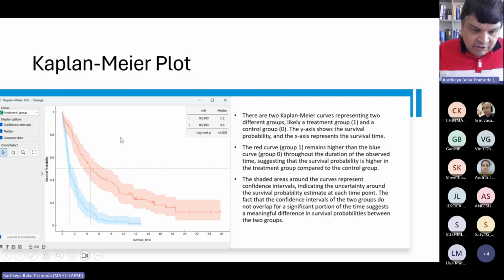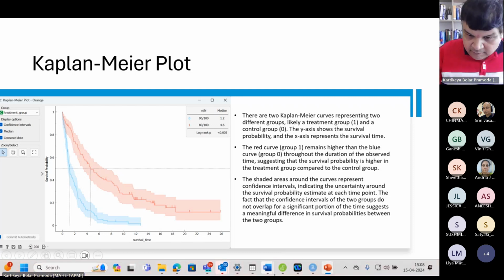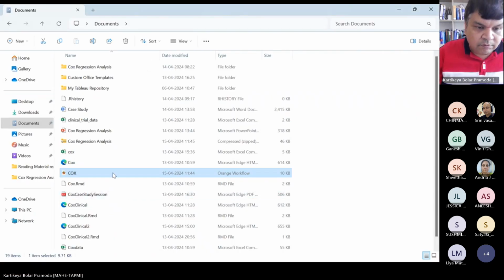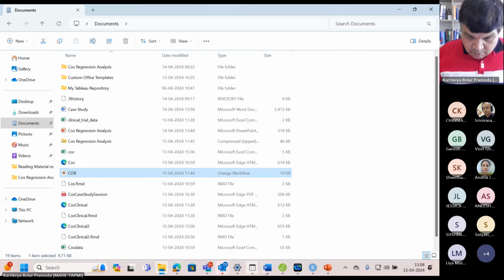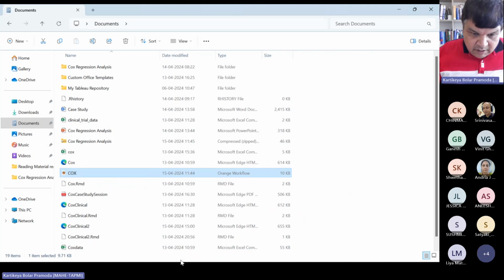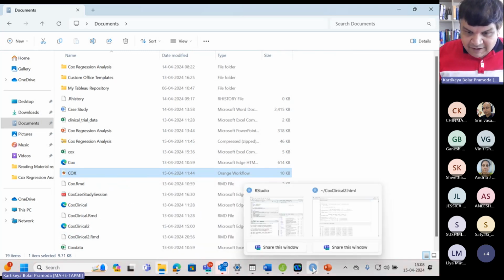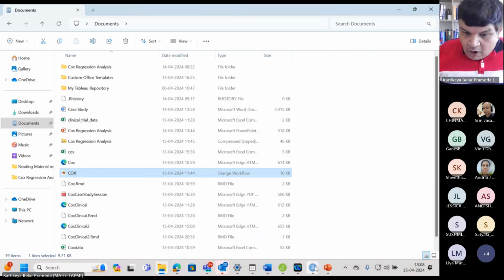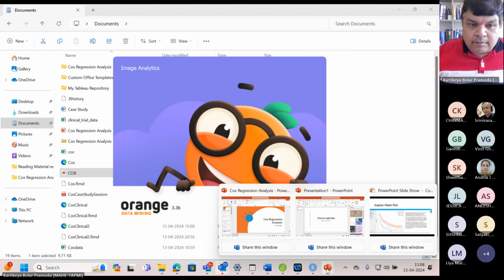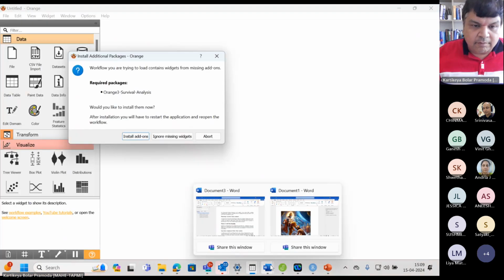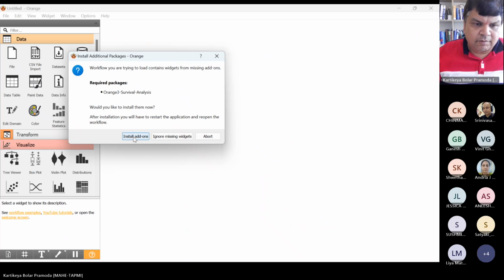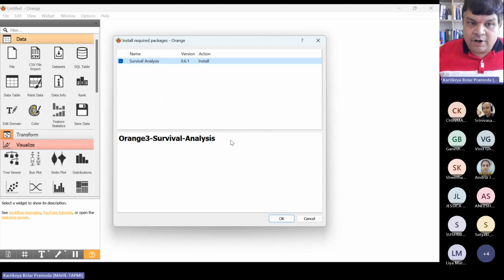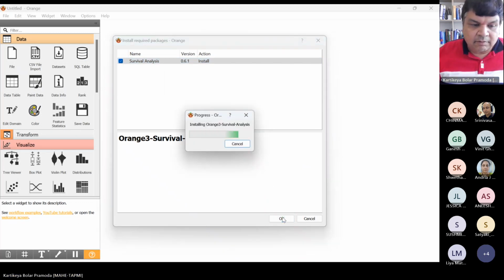Now this is a plot coming from Orange, so let me show you Orange. In Orange, it's available as an add-on.